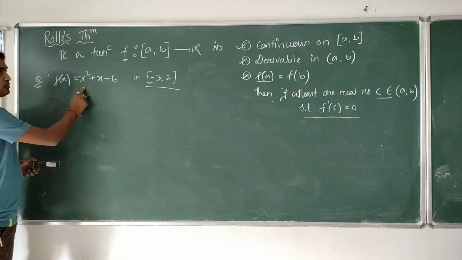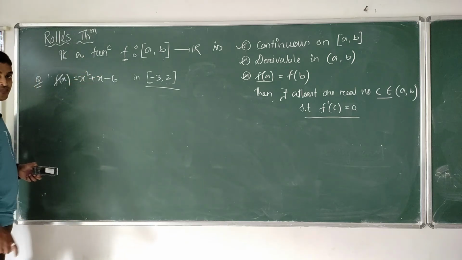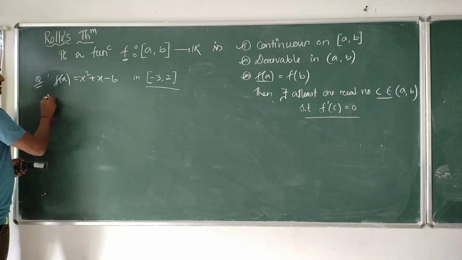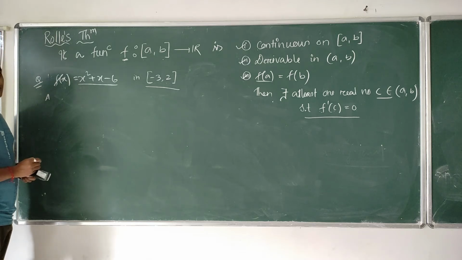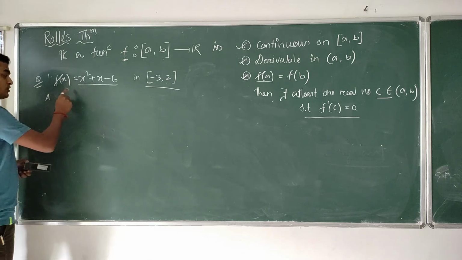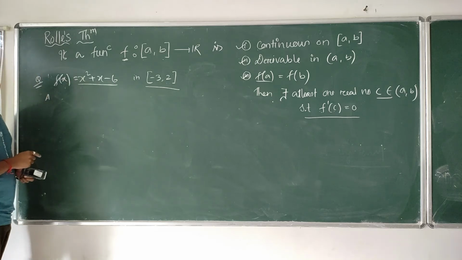Now we have to verify the Rolle's theorem here. How can we say? First of all, to verify the Rolle's theorem all the three conditions should be satisfied. As it is a polynomial function, we know that polynomial function is always continuous, so first condition is satisfied. Second condition, polynomial function is also differentiable, correct.